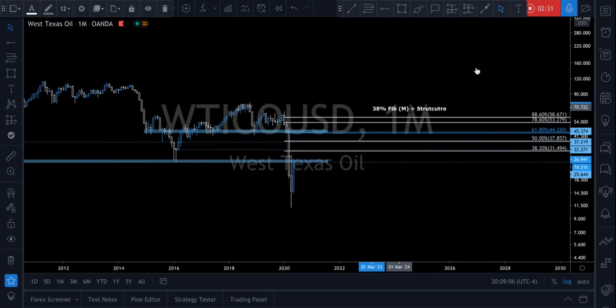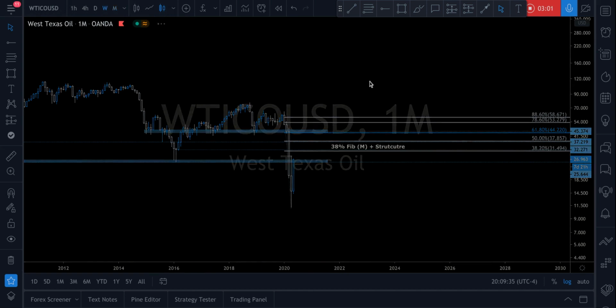And remember, this is the monthly time frame, so if we go down to the weekly, there might be a little bit more significant structure on this particular one, but for this instance, based on this particular impulse, we would want to make sure that we're at least reaching up to the 38%. Based on this particular candle, we do see a lot of momentum for it going up, potentially even up to our golden fib level, which is the 61. And that's something that I'm going to be shooting for and arguing for already.